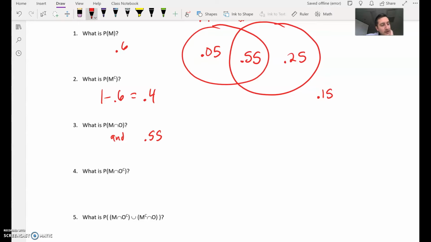So what is the probability that somebody likes mountains and does not like oceans? That sounds to me like somebody who likes mountains only. So theoretically we can solve it just by looking at our chart. It equals 0.05. Here's how we do the math with that.